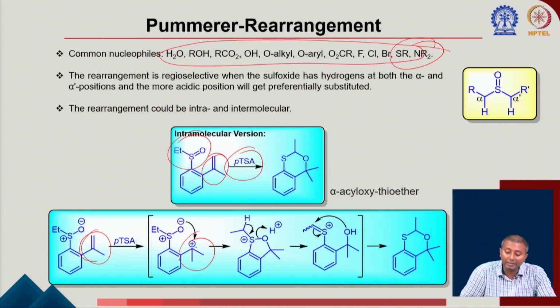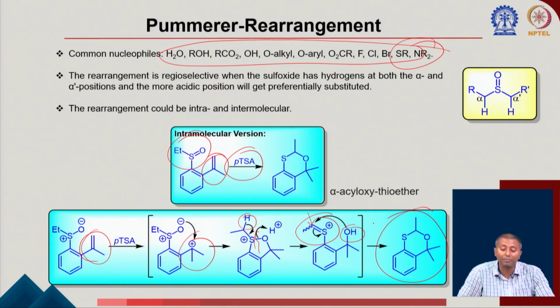Then after formation of that, this proton can be abstracted to form this type of thionium species. Now once this bond is getting cleaved, you are generating an OH. Now the oxygen lone pair can attack the thionium in this position to neutralize the charge and generate the alpha acyloxy thioethers. So starting from this simple sulfoxide, you are generating an alpha acyloxy thioether.